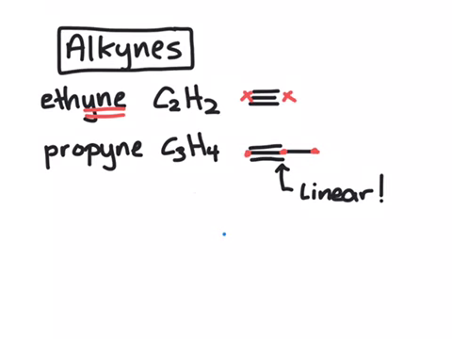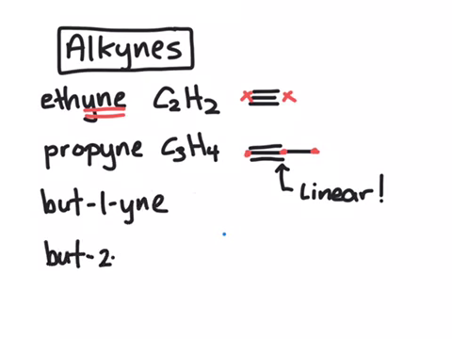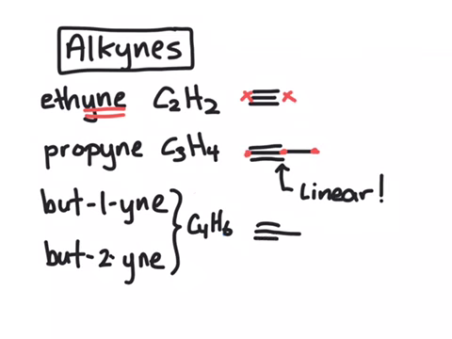Same as with an alkene, as soon as we move into a 4 carbon chain or longer, butyne, we can start to move that triple bond around within the chain. So butyne has 2 possibilities. So it's C4H6. However, we could draw it as a triple bond on the end.